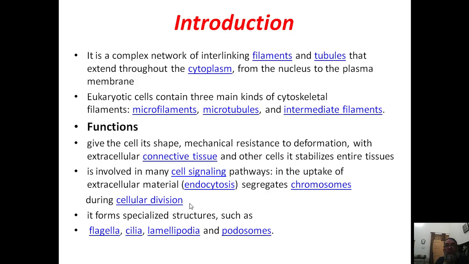Endocytosis is the process through which foreign material from the exterior is engulfed inside the cytoplasm, and then it is moved to the proper place in the cytoplasm with the help of all these microtubules. The chromosome movement during cell cleavage is an important function.